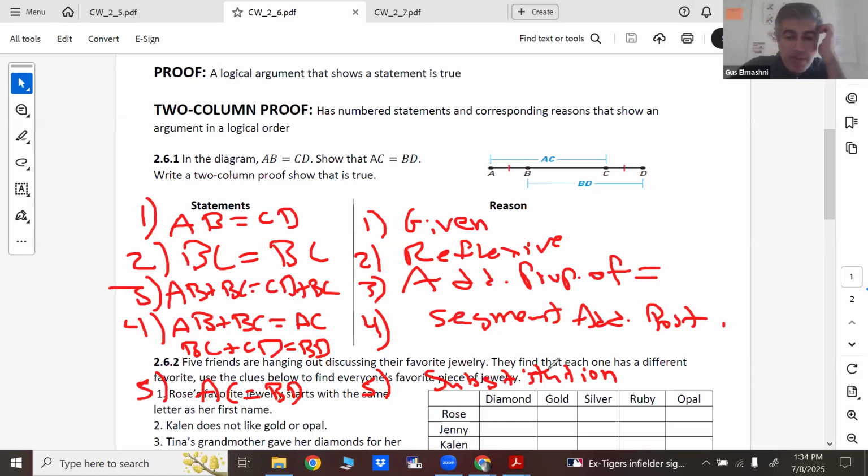We state what we're given and then logically go through this proof, like, okay, well, I know that BC equals itself. I'm going to add that to both sides. Then, of course, we realize AB plus BC equals AC because that's what we have to prove eventually. AC equals BD. So we do that, and then we can set them equal to each other.